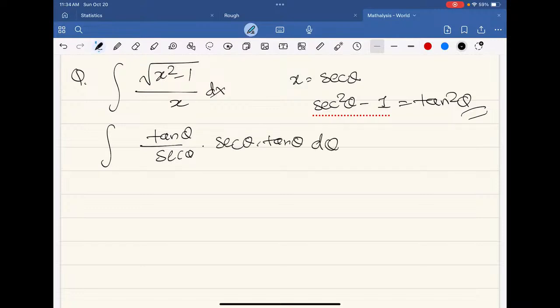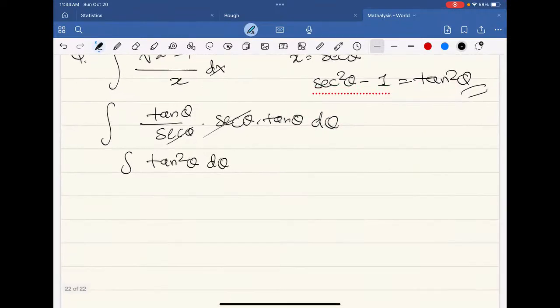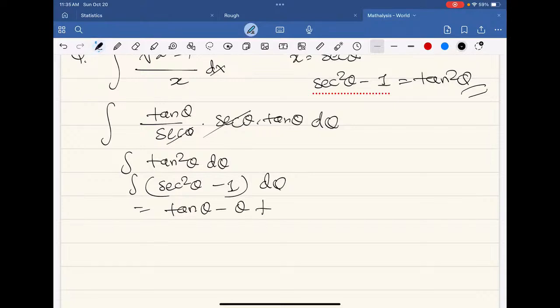If x is sec theta, dx will be sec theta tan theta d theta. This cancels out. We will have integral of tan square theta d theta, which will now be integral of sec square theta minus 1 d theta, and that will now be tan theta minus theta plus c.